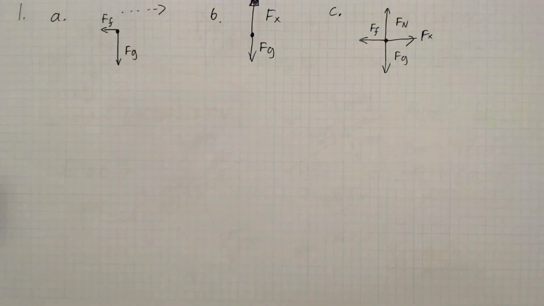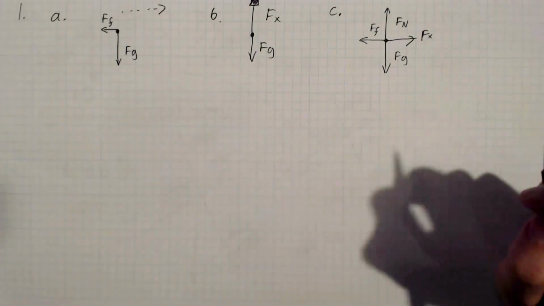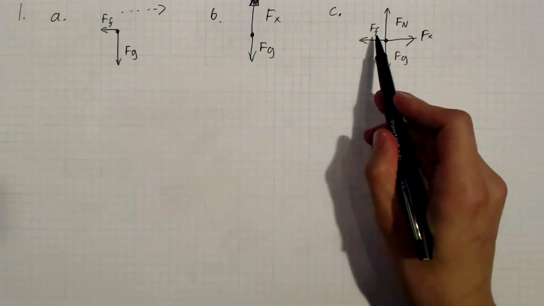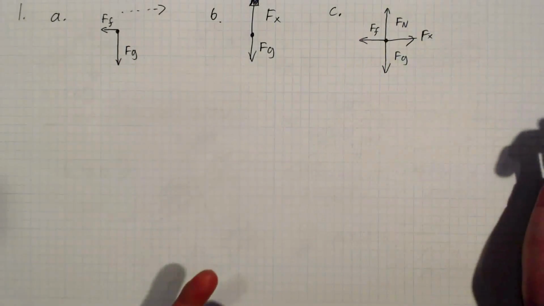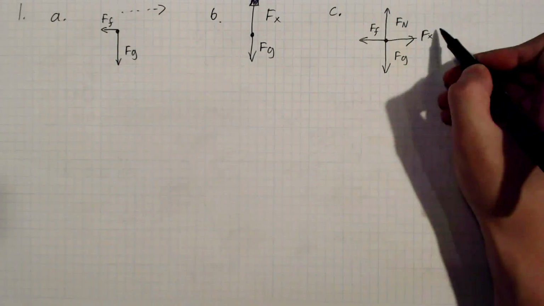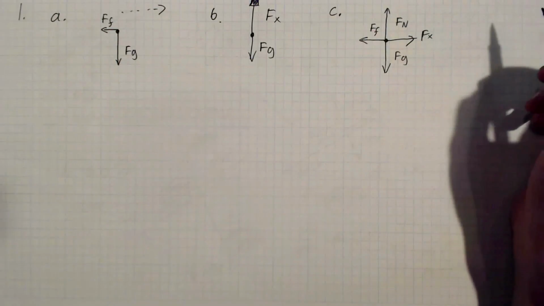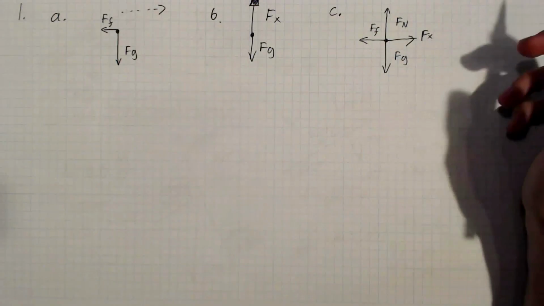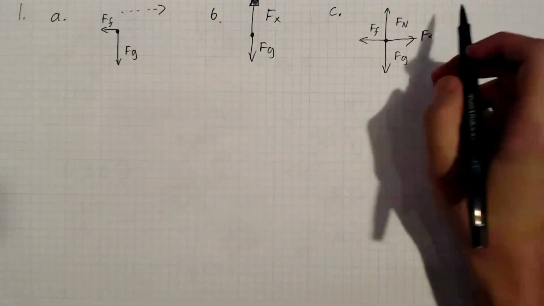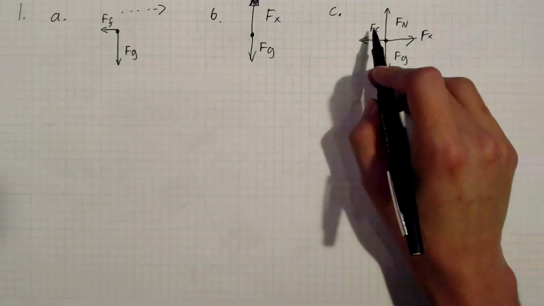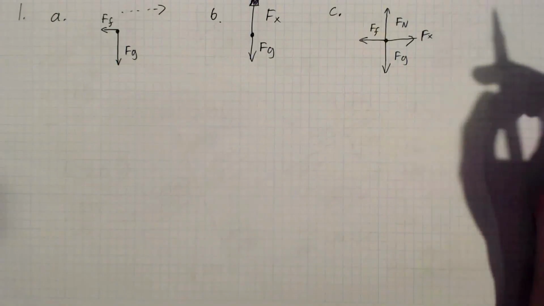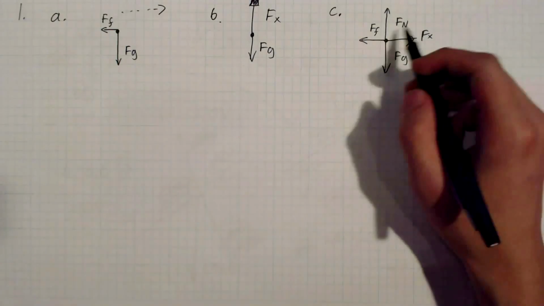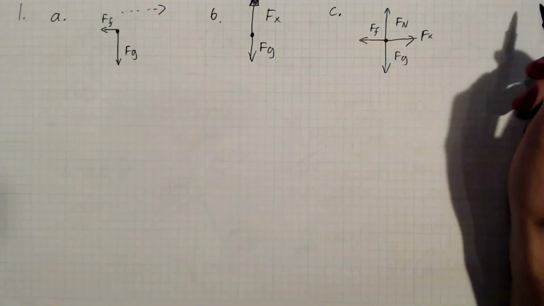And it doesn't say whether it's being pushed at a constant velocity or whether it's being accelerated, so these two could be equal or they could be in different magnitudes. Again, if your frictional force and your applied force were equal magnitudes, and granted your normal force and your gravity were equal, or all your other forces are equal, then you would have either a constant velocity or zero velocity, but if they're different magnitudes, then you're going to be accelerating.